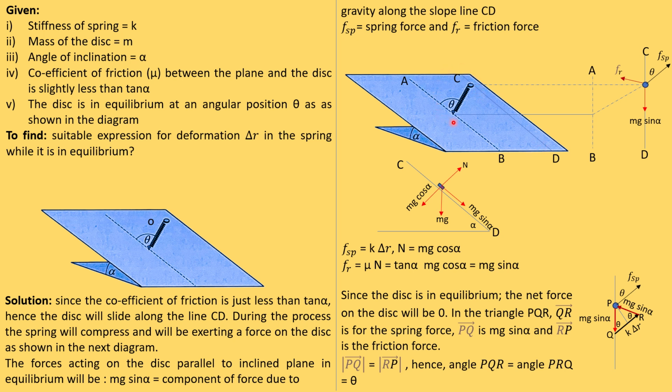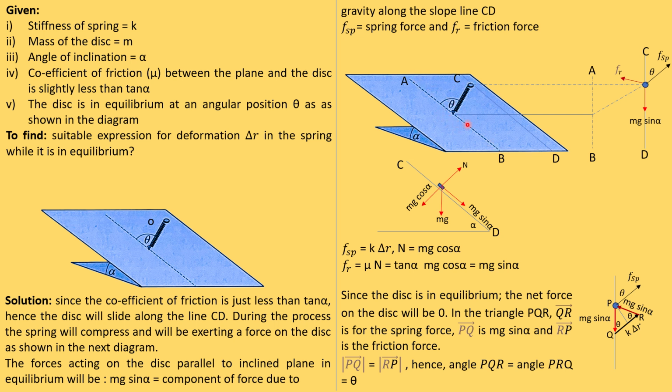So to keep this disk on the plane in equilibrium, you must have a force that overcomes the difference between the component mg sin alpha along CD and the friction force. In the question it is given that the spring is making an angle theta with the line of greatest slope.